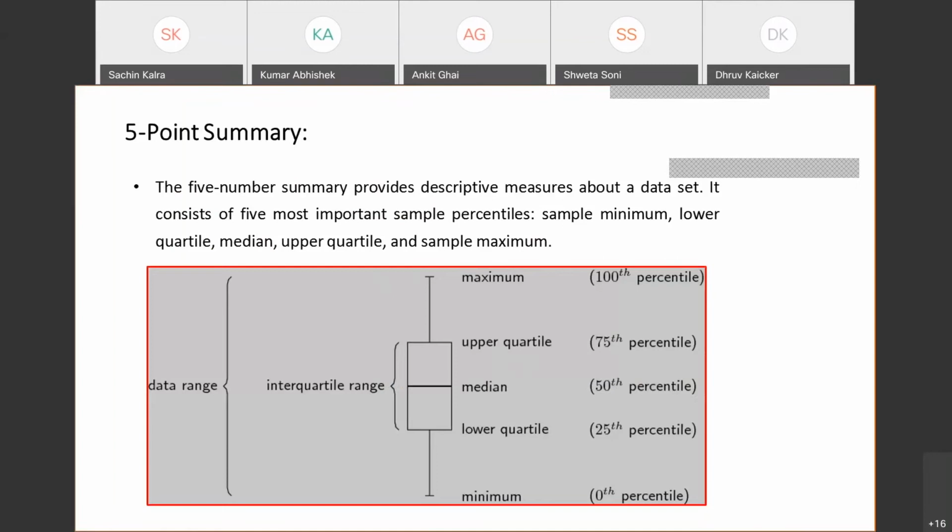If the median is here and the mean is on the lower side, that means the median is more than the mean. That means the mean has been pulled away to the lower side by outliers, and we have left skewed data. So this is one intuitive way to quickly identify whether certain variables are skewed or not, without interpreting the skewness values.